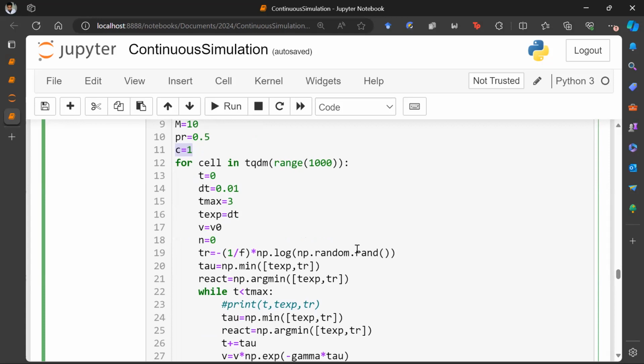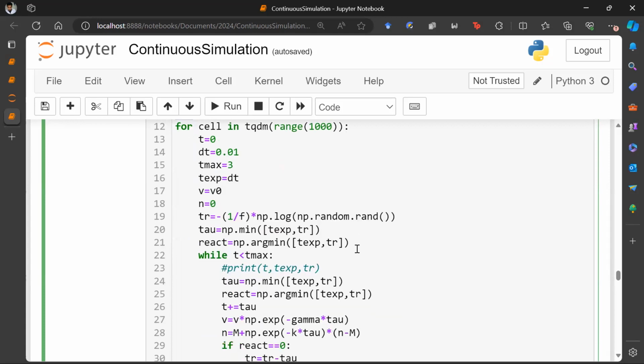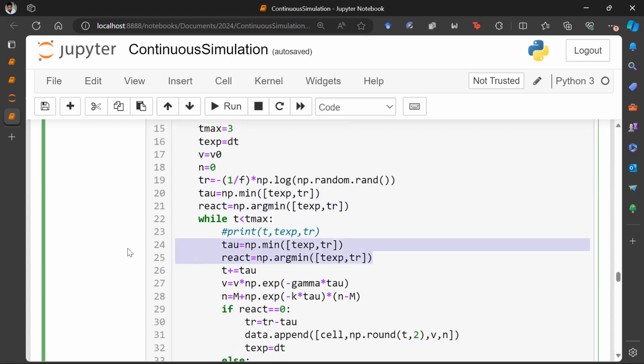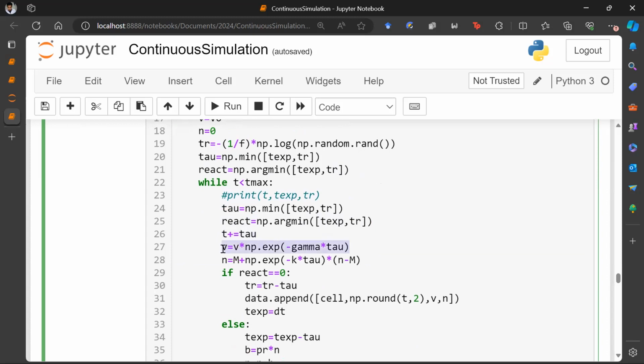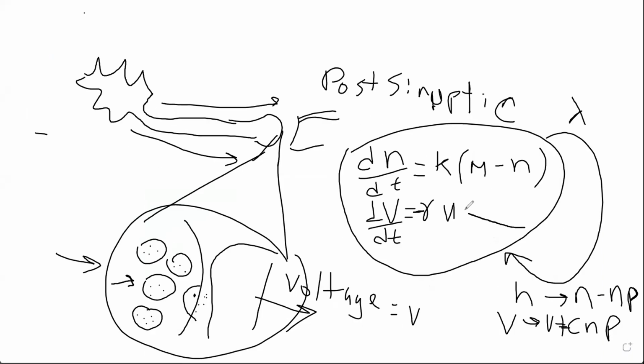Okay, so the same. I have one reaction here that is the incoming voltage. It occurs as a random Poisson process. I select the minimum of exporting and reaction, etc. I increase the time by tau and update the number of molecules, because of this differential equation.